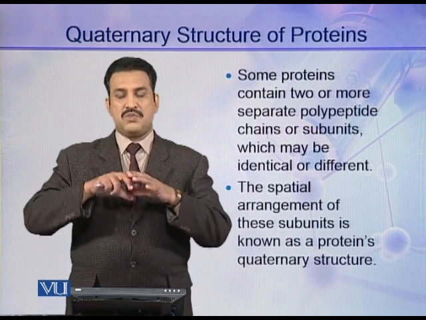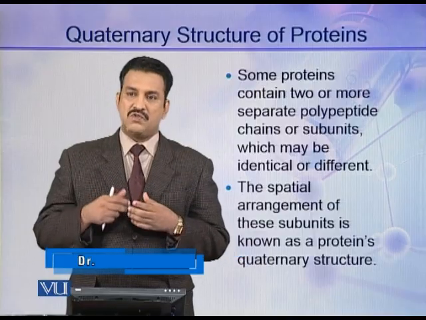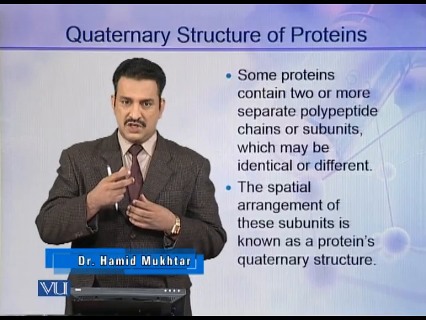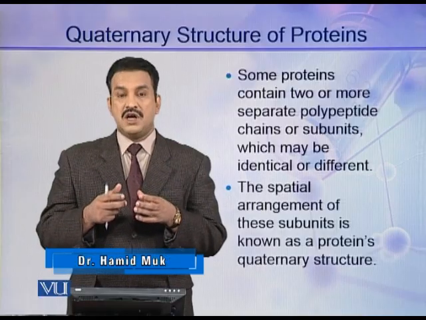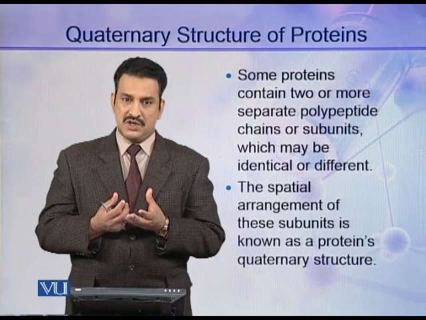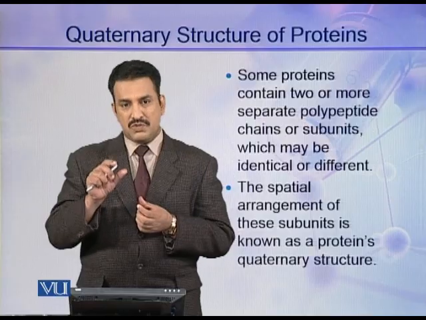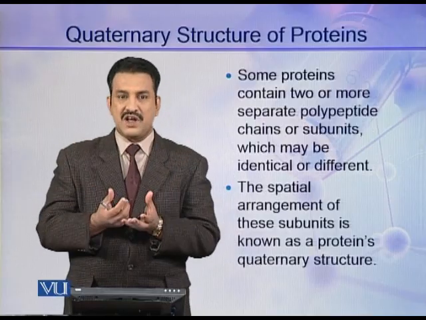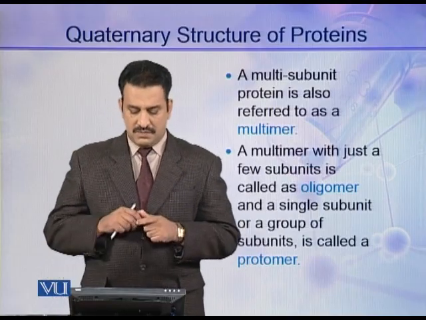So, in a protein molecule, there may be more than one polypeptide chain which are associated with each other, and apparently they make a single protein molecule. So the spatial arrangement of these subunits in that overall molecule is called the quaternary structure.